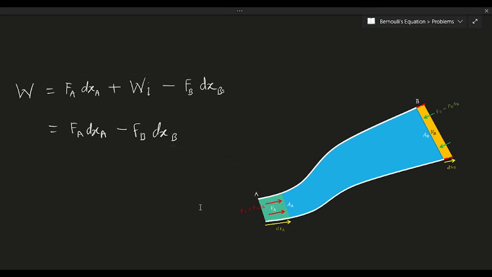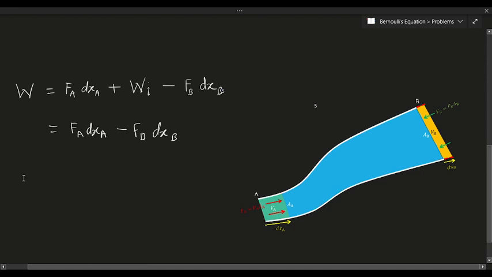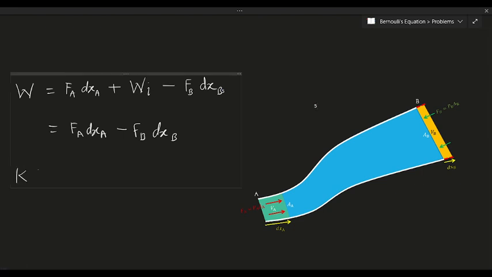Now this work done results in the change in kinetic and potential energy of these individual liquid elements and hence of the entire liquid mass inside the pipe. We first calculate the kinetic energy gained by different liquid elements. The first liquid element moves and replaces the second liquid element.